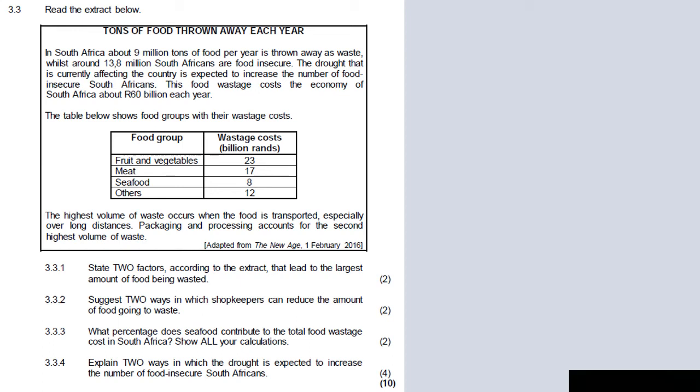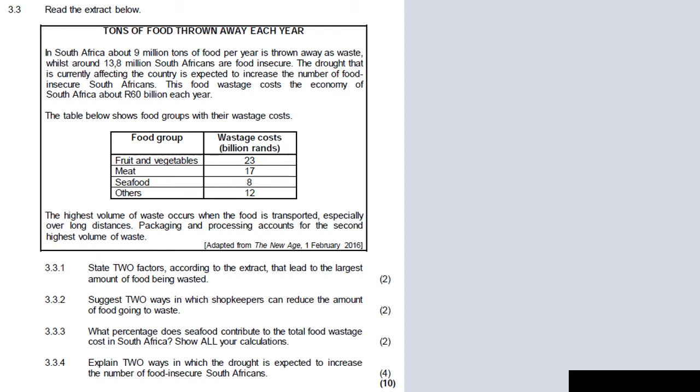The table below shows food groups with their wastage costs. In the left column we have the food group, and in the right we have wastage cost in billions of rands. Fruit and vegetables, meat, seafood, and others are the food groups.